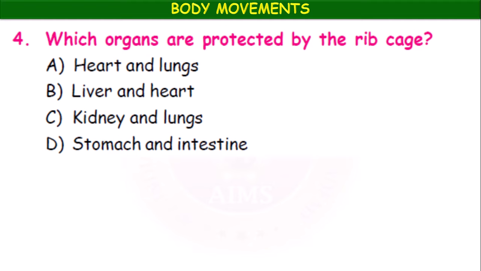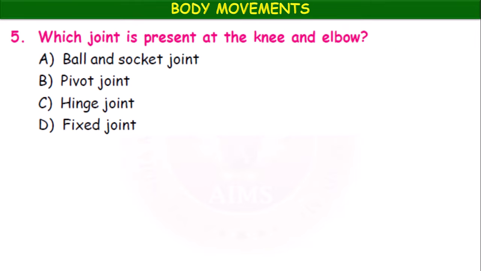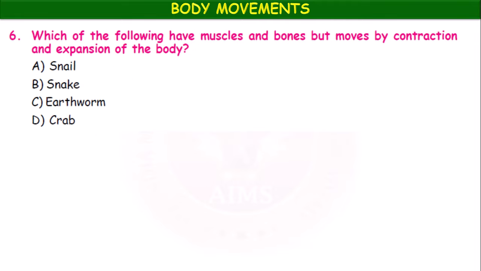Which organs are protected by the rib cage? Heart and lungs, liver and heart, kidneys and lungs, stomach and intestine. Heart and lungs. So which joint is present at the knee and elbow? Ball and socket joint, pivot joint, hinge joint, fixed joint. Hinge joint.